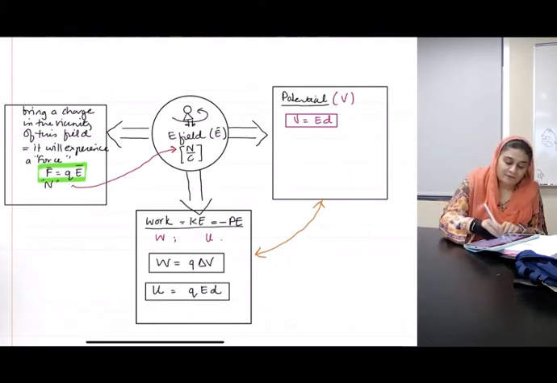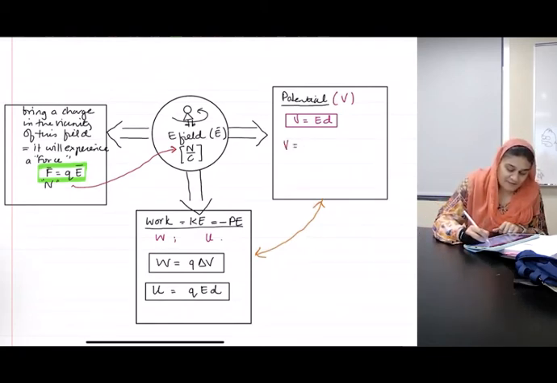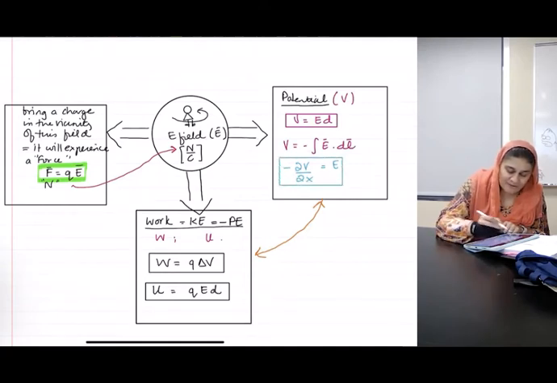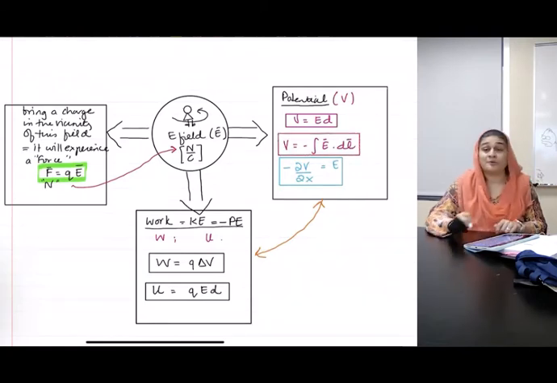And in integral form, I want you to write also here, V equals minus integral of E dot dl, or E equals minus partial V over partial X. Do you guys see all this, that I'm just moving things around and these are not new formulas?